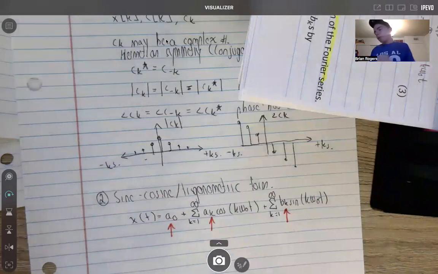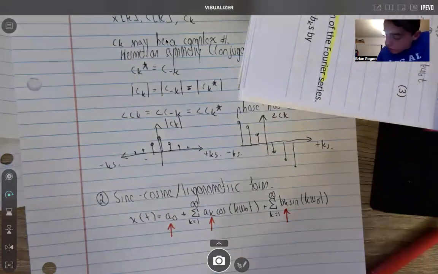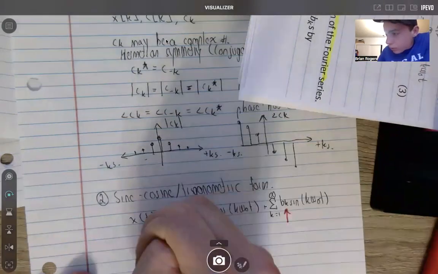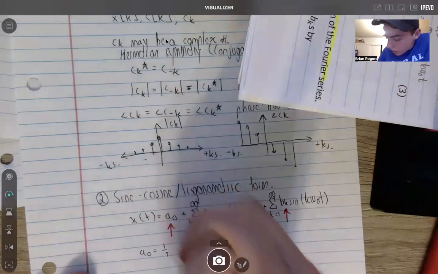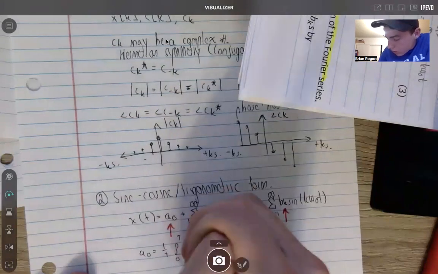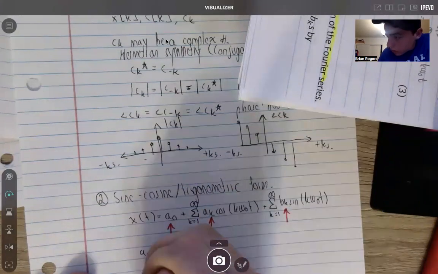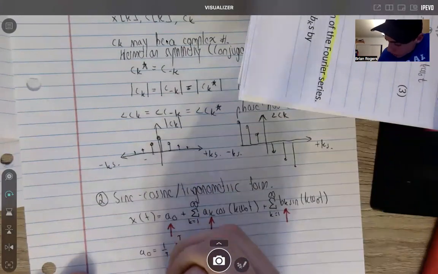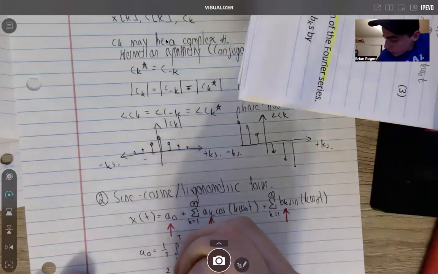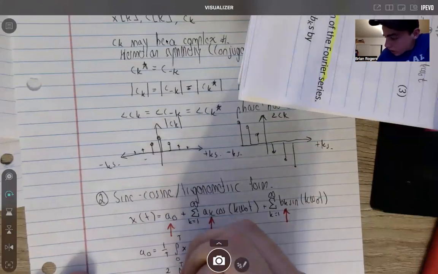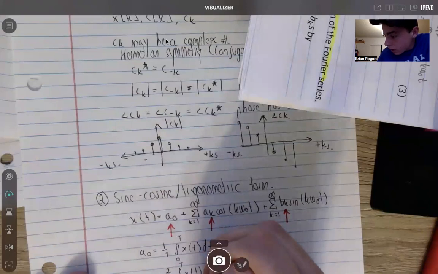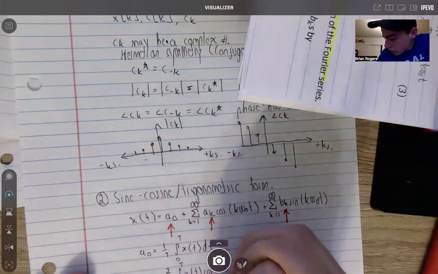And so what we're going to see is a naught is going to be 1 over the period, integral from 0 to T of x of t dt. A of k is going to equal 2 over the period, integral from 0 to T of x of t cosine k omega naught t dt.